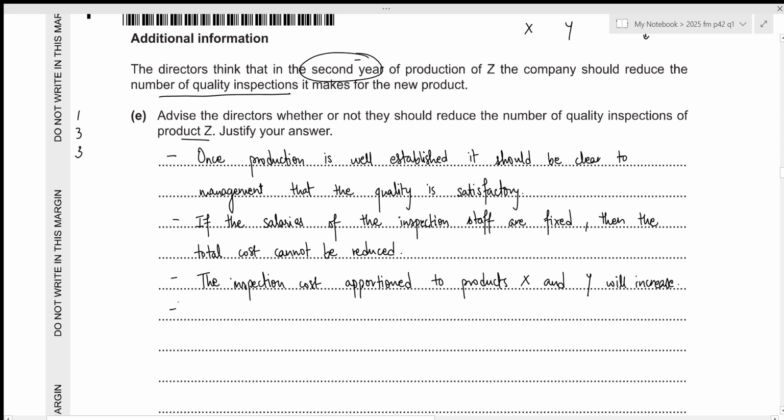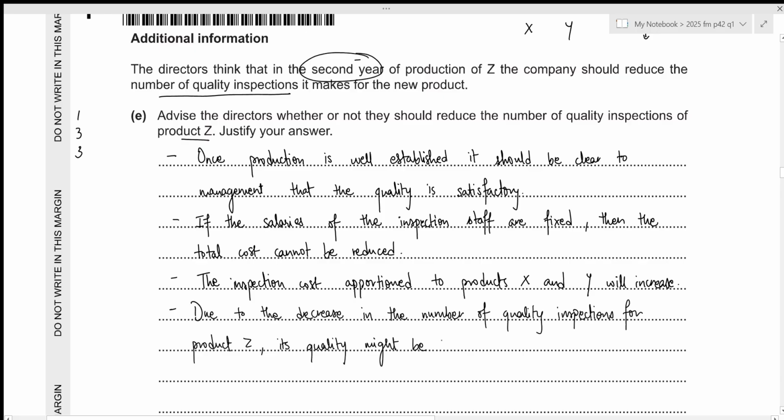And if we are reducing the number of quality inspections for Z, it can directly have an impact on the quality as well. The quality might be reduced. Let's write it down. Due to the decrease in the number of quality inspections for product Z, its quality might be impacted.